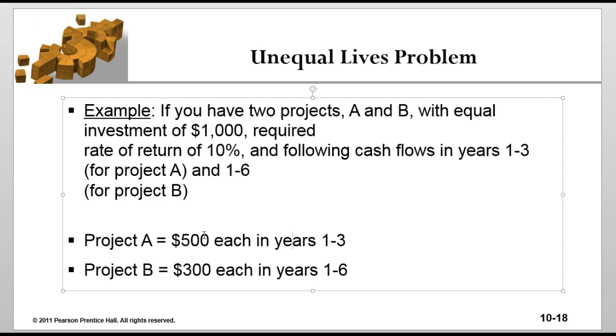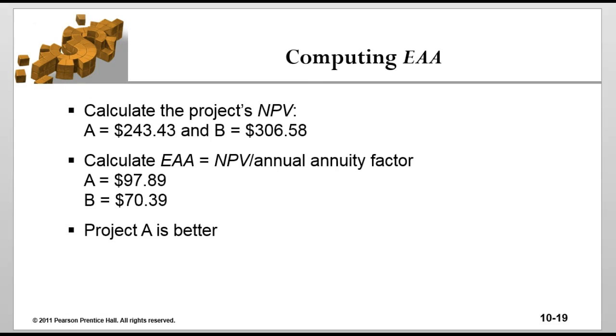Initially up front for the first 3 years, and this one's distributing it more evenly throughout 6 years at a lower return. So you're going to get the net present value of both, and then you're going to divide that by the annual annuity factor. And you'll see A has a higher EAA, which would mean that would be the project to select. So when you have projects with two differing lengths of time, you would use the EAA to bring that into line.